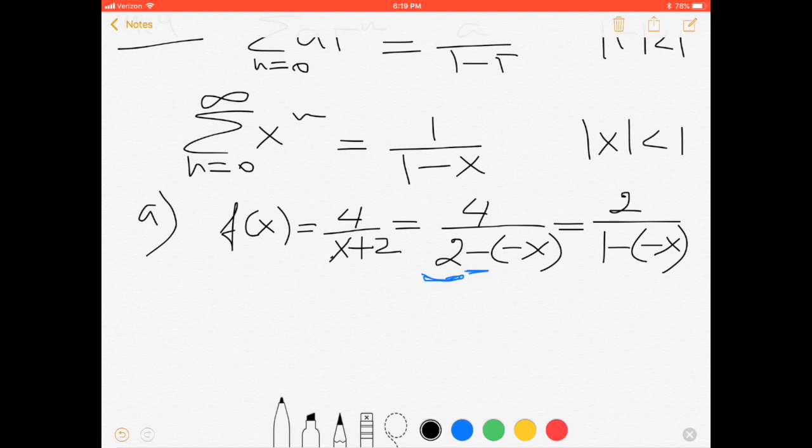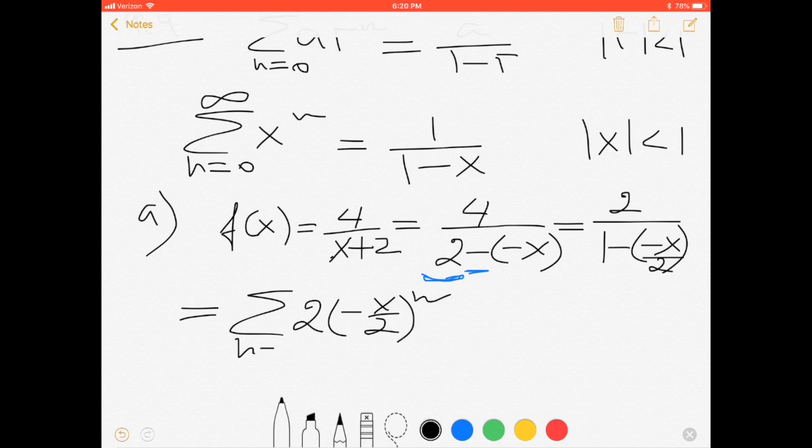And now we have a geometric series whose first term is 2 and whose r is negative x. This means we have the series 2 times the sum of negative x over 2 to the power n, starting from 0 to infinity.